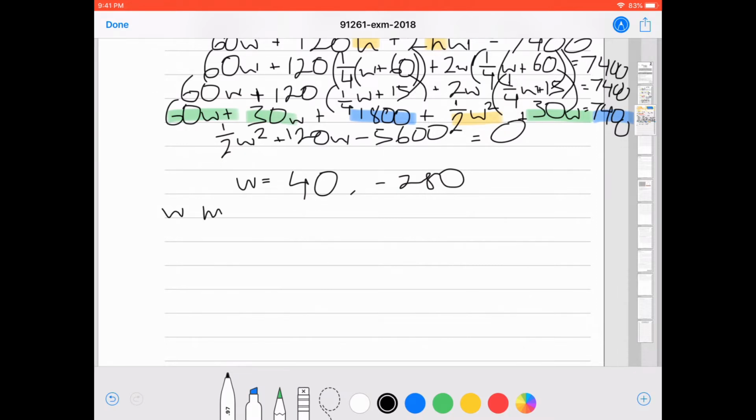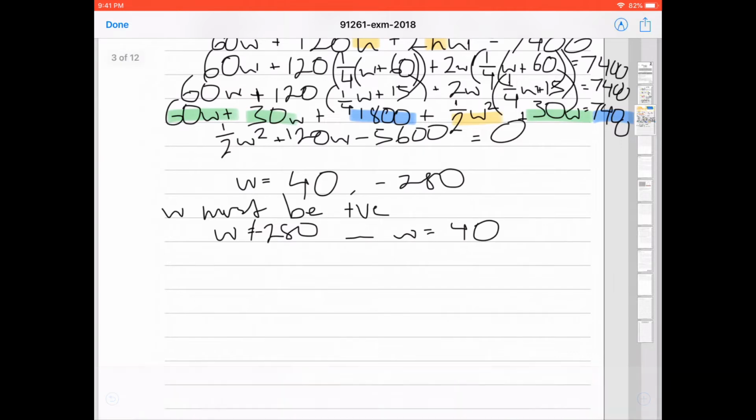Let's just say must be positive. And so therefore W does not equal negative 280, and W equals 40 only. Okay, so value for W equals 40.